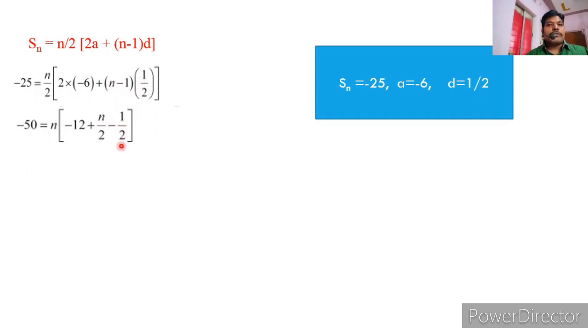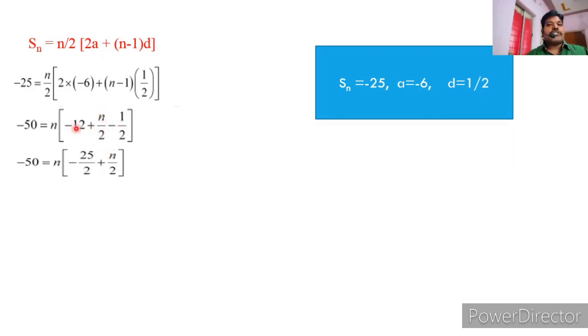Just multiply with n by 2 here, n by 2 minus 1 into 1 by 2 is minus 1 by 2. So take the LCM: minus 12 minus 1 by 2. 2 into minus 12 is minus 24, minus 1 is minus 25 by 2, plus n by 2.